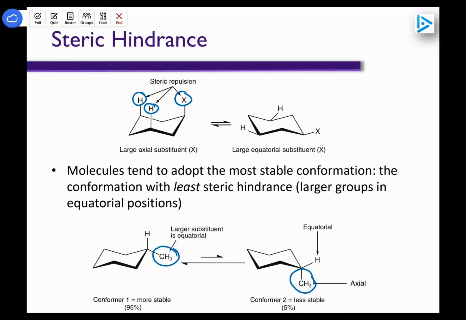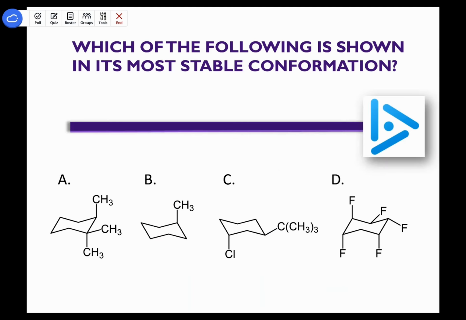But they're going to be flexing back and forth, spending most of the time with that large group in an equatorial position. So every cyclohexane, regardless of what those side chains are, maybe there are 3 side chains, maybe 2, could be in axial or equatorial positions, but every chair has a flip-flop. Every single one has 2 chair conformations.